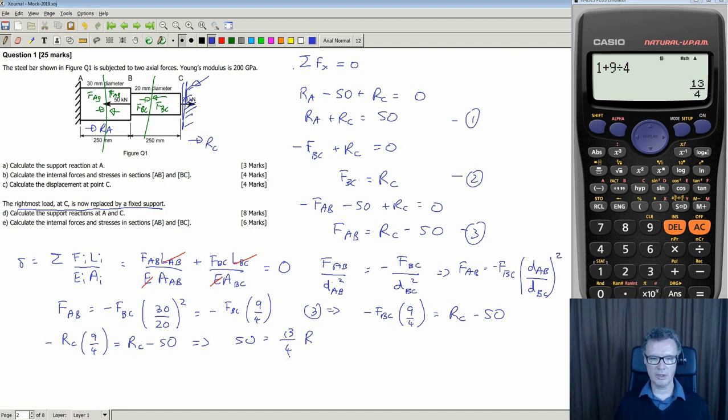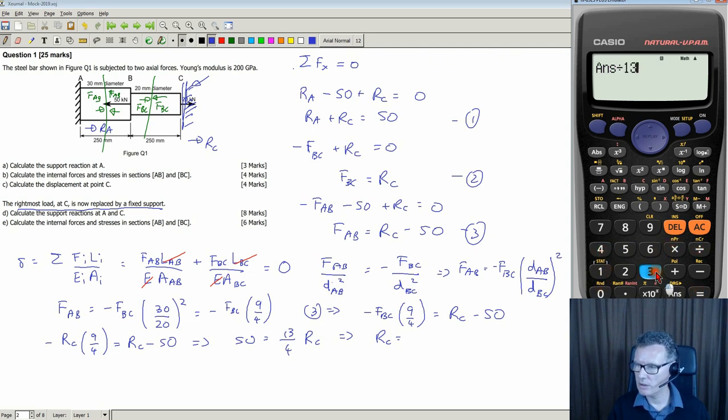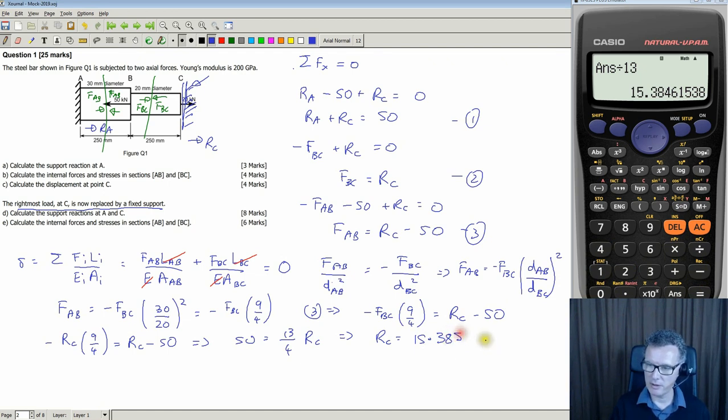Yeah, so RC's on the right. That's all good. So therefore RC equals 50 times by 4 divided by 13. So that is 15.385 kilonewtons. No point comparing it to the previous case, it's quite different.